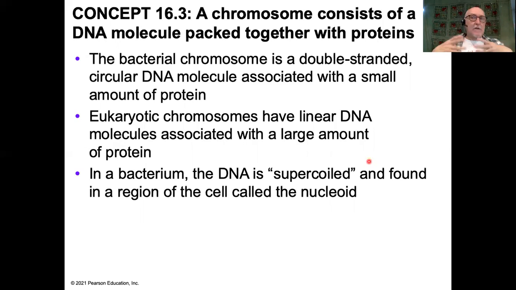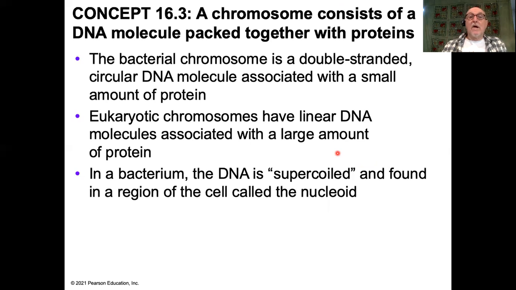Some genes are read off continuously. We call them household genes. They are for stuff that we need the whole time. But many genes are only needed periodically, and the cell has to be able to access them, and to access them easily, they have to be carefully packaged. The DNA has to be carefully packaged in a predictable fashion.